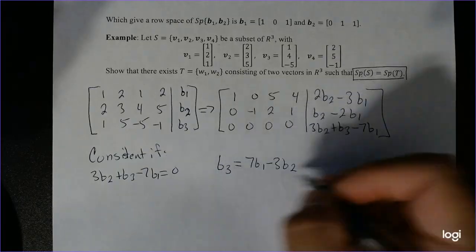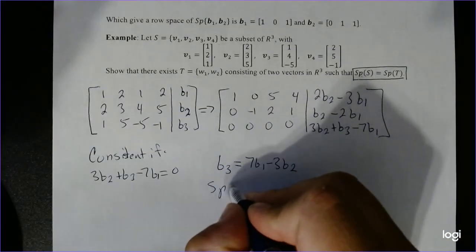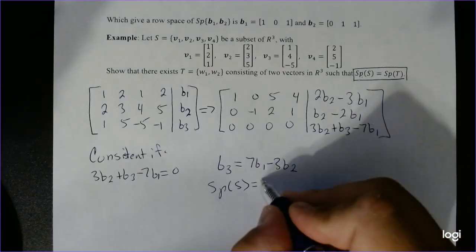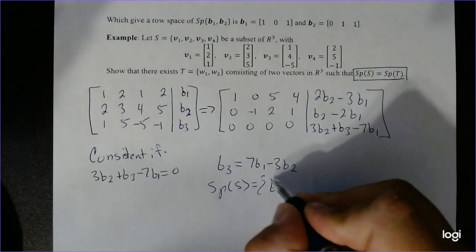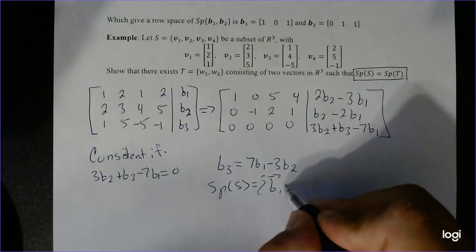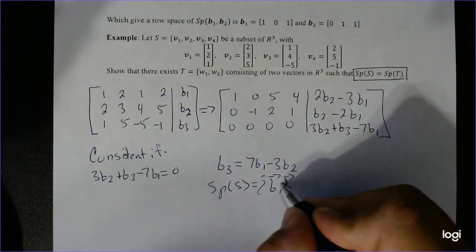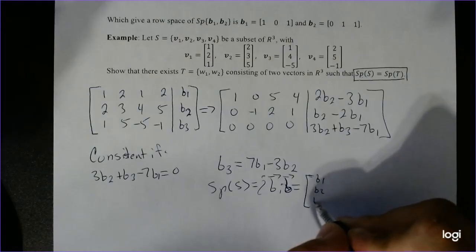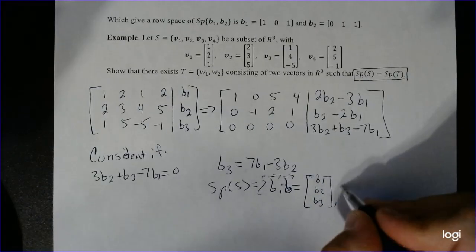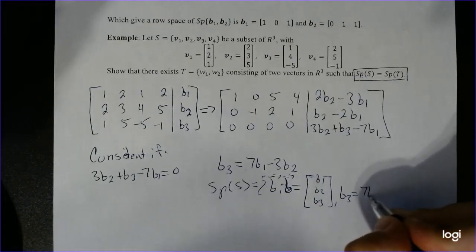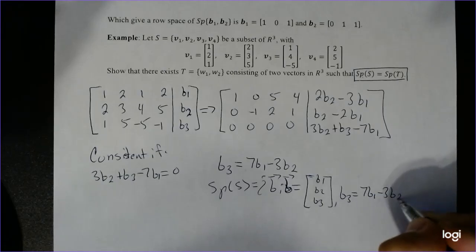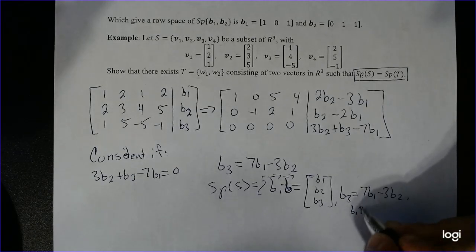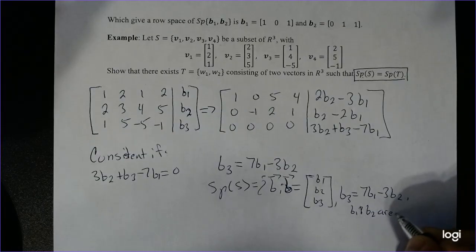So our span of S, which is the span of these vectors, is equal to any vector B such that B is equal to B1, B2, B3, where B3 is equal to the linear combination of these two, and again, B1 and B2 are real numbers.